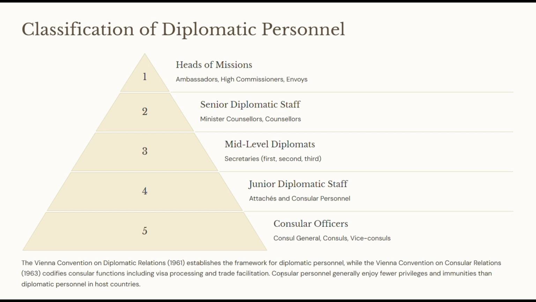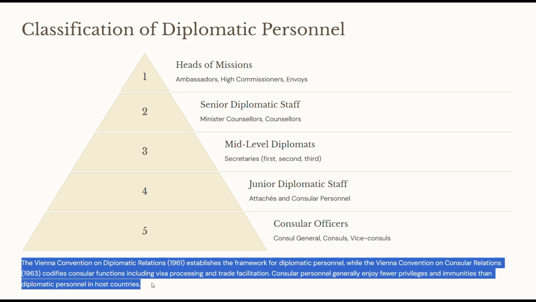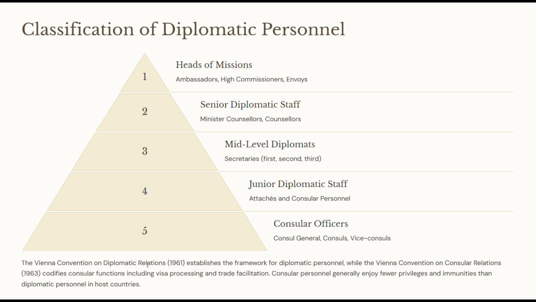Usually, consular personnel generally enjoy fewer privileges and immunities than diplomatic personnel in the host nation, and you may compare both conventions, both frameworks, both treaties, to have a basic understanding of the slight differences in the privileges and immunities enjoyed by diplomatic personnel and consular personnel.